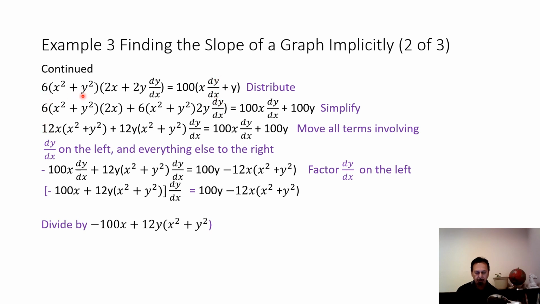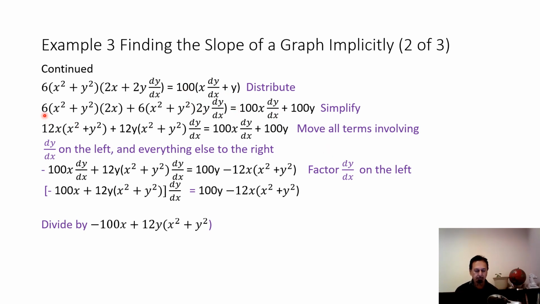You get 6 times x squared plus y squared times 2x, and then 6 times x squared plus y squared times 2y dy over dx equals 100 times x dy over dx plus 100 times y.